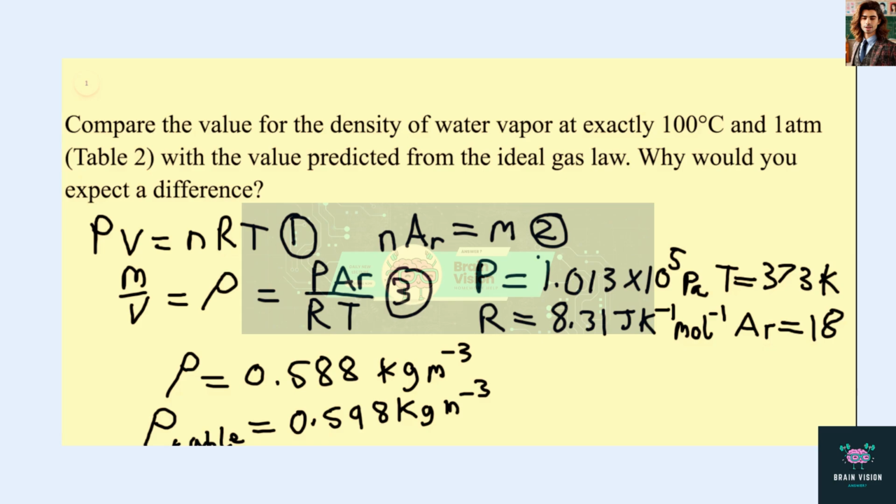That positive charge is attracted to the negative oxygen in different water molecules, and that strong bond causes the water to pack more densely, especially in liquid water, but you see it in its gas form too, which causes it to be slightly more dense than the ideal gas law would predict. So the reason for that discrepancy is the strong hydrogen bonds between the water molecules.